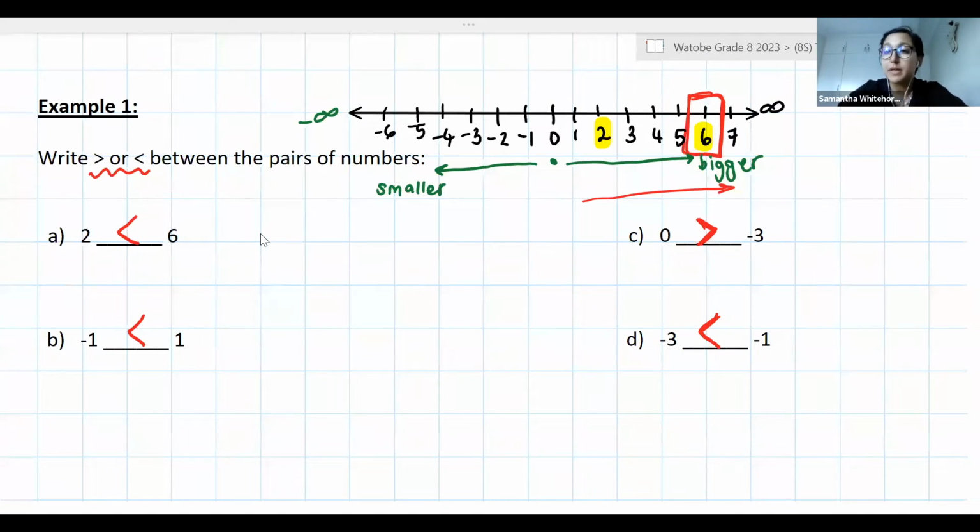If you think about temperature, would you agree with me that you would much rather have -1 degrees than -10 degrees? -10 degrees is so much colder. And so we always want the bigger of the negative because those are the warmer numbers, the better numbers that we want to deal with.